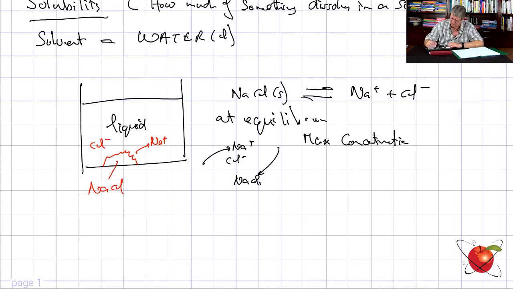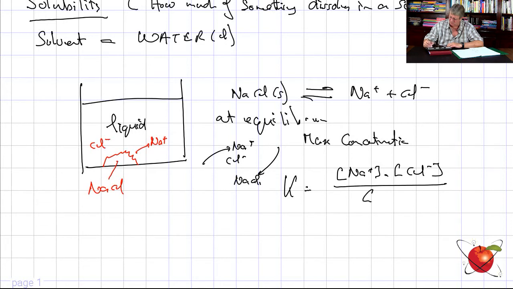Therefore, if I write the expression K at equilibrium, it's the concentration of Na+ times the concentration of Cl- divided by NaCl. Hopefully you're all saying to me, that's a solid, Kevin. Yes, it is. It's 1, which gives us the concentration of Na+ times the concentration of Cl-.